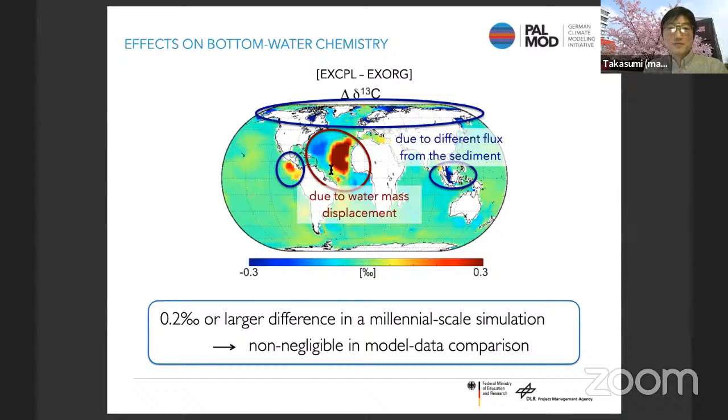For example, this dipole anomaly in the red oval is caused by water mass displacement due to the ocean saturation changes.